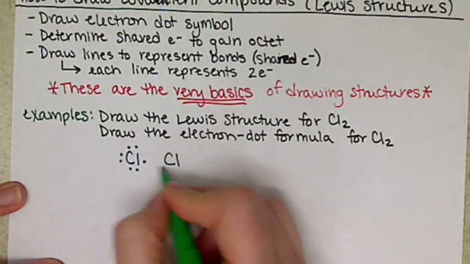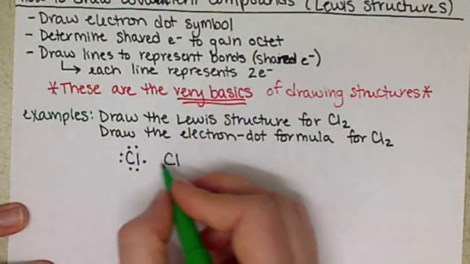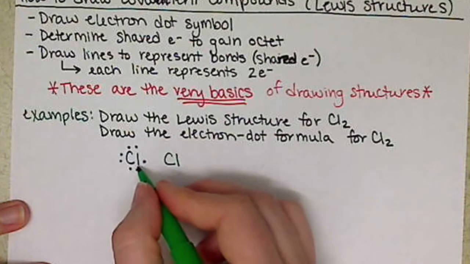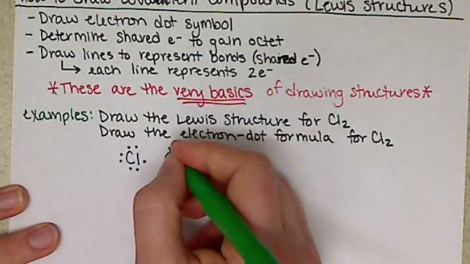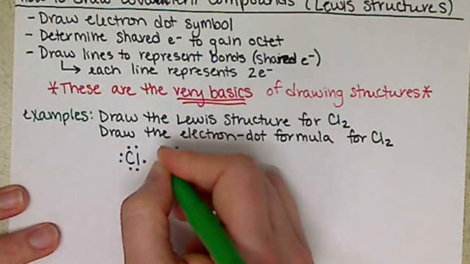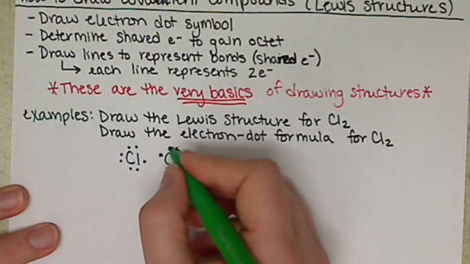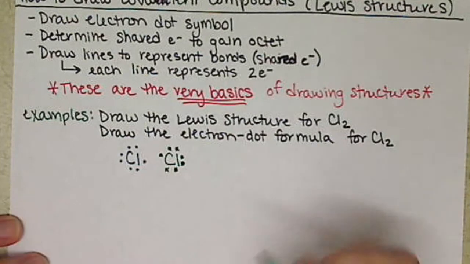I'm drawing these in 2 different colors. Hopefully you can see the difference in the colors. But if you don't have 2 different colors, rather than drawing dots on your second one, you can do X's. So then you can see that there's a different set of electrons there. That also works. I'm going to make mine into dots here.